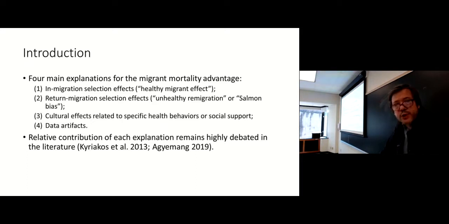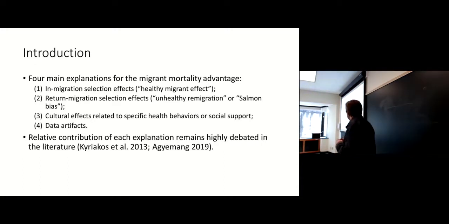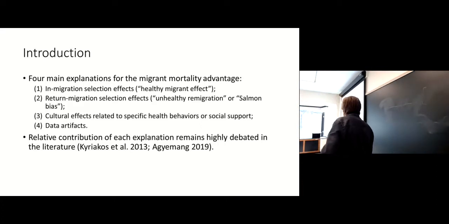The third explanation proposes that this advantage is due to cultural effects related to specific health behaviors or social support. An example that's easy to understand, especially in the European context, where you have a lot of Muslim immigrants: think about Moroccans in Spain, in France, in Belgium, or in Germany.